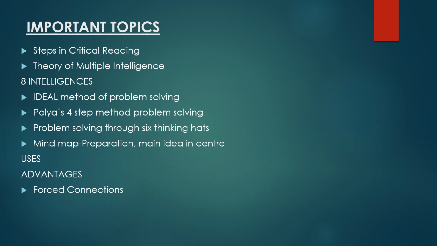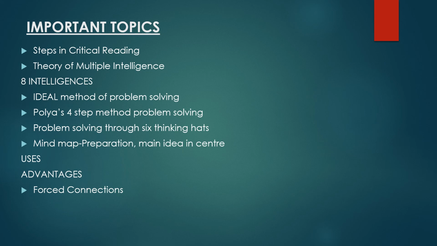Next point is forced connection. When you're finding a question on forced connection, it can be a practical question giving you a picture and asking you to find a connection between this picture and the theme that they have given. For example, they show you a picture of an apple, and the theme is health and prosperity. So you can write a paragraph linking these two. Apple is a symbol of health and prosperity, and with that you can write certain ideas.